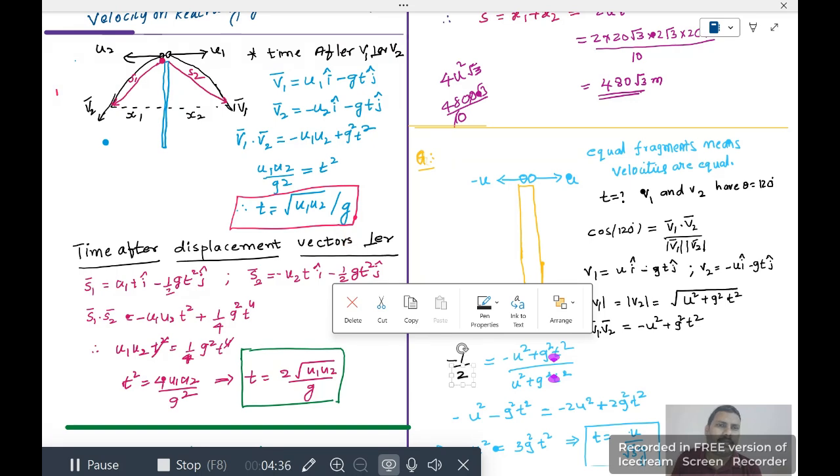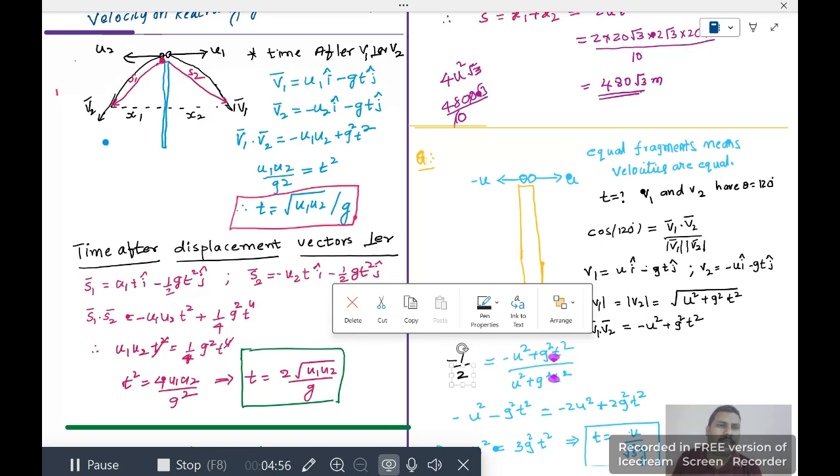In most cases, the bomb explodes after reaching maximum height or some certain height into two fragments of equal masses. That means the velocities are also equal, according to conservation of momentum.